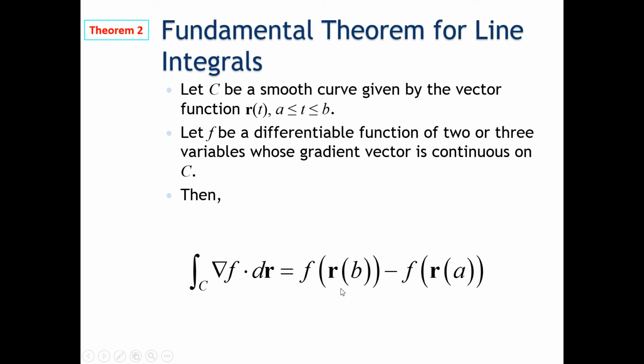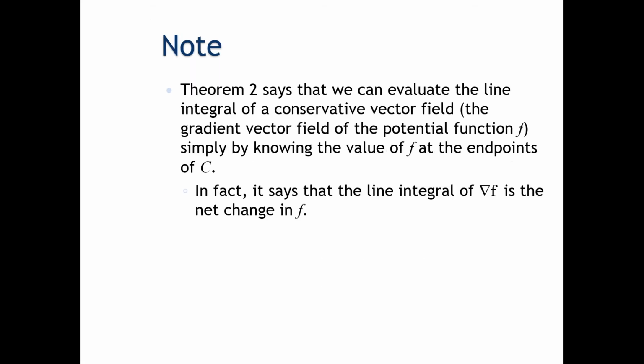So r(b) is the terminal end of the curve C, and r(a) is the initial end of the curve C. This is quite similar to the fundamental theorem of calculus.